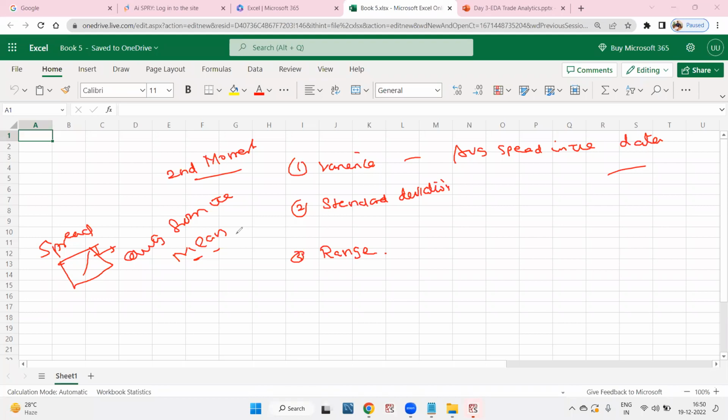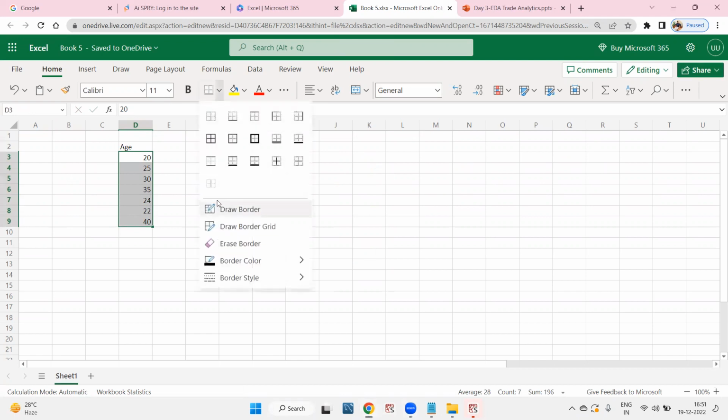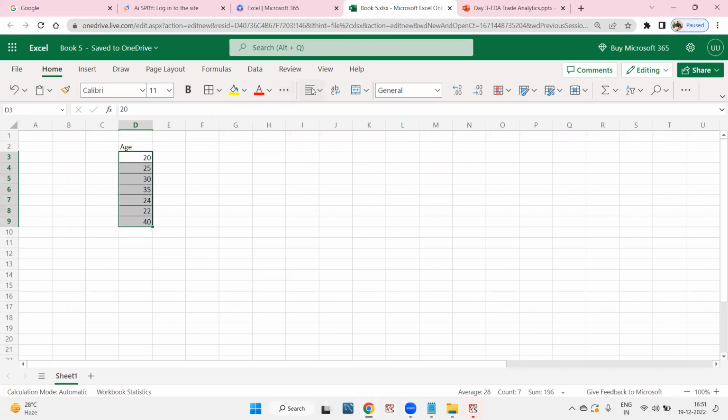See, when you're calculating for age and different factors, for example, we looked into the age column: 20, 25, 30, 35, 34, 40. What is the average of that? 28.